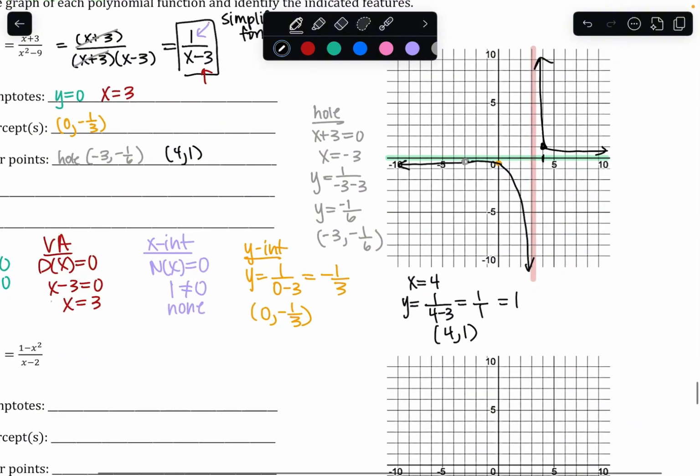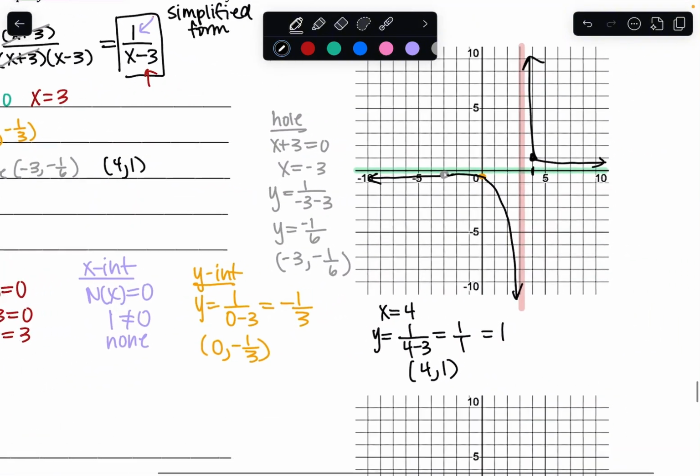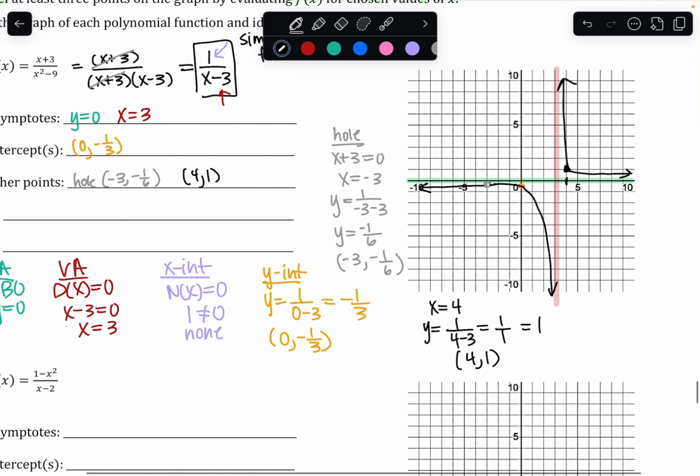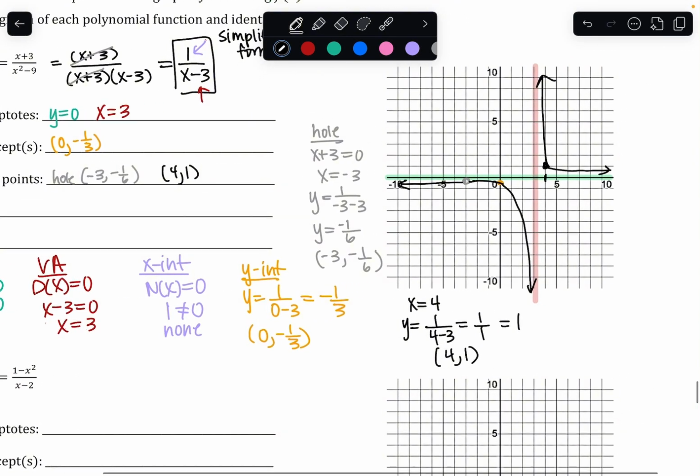Okay, and so for domain and range, for domain we need to skip over the vertical asymptote and also the hole. Okay, and so as we scan from left to right, the first value we have to exclude is the x value of this hole.